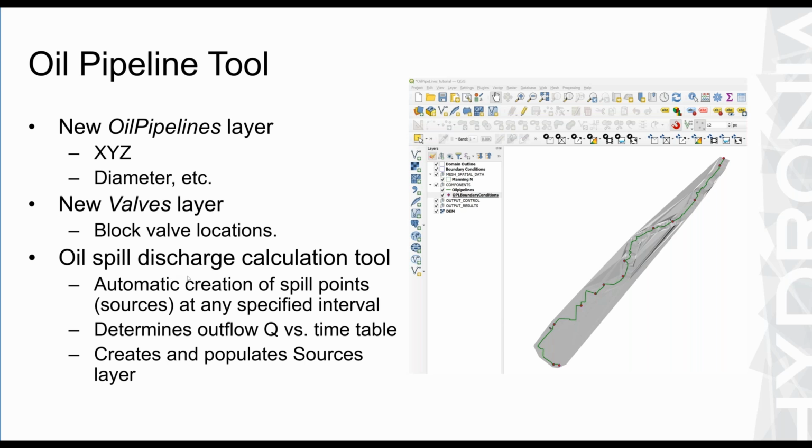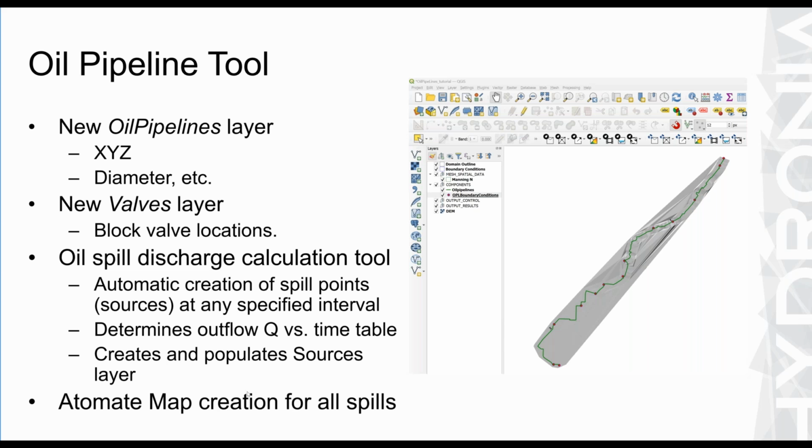There is the new oil discharge calculation tool that will, in addition to determining the flow rates out of each of the spill locations, automatically create the sources layer with the associated spill hydrograph, ready to compute the overland flow.